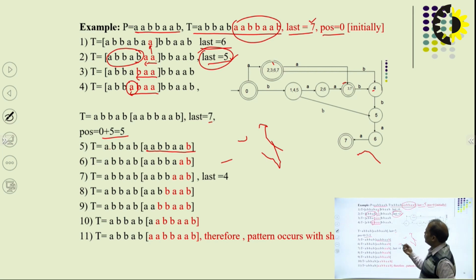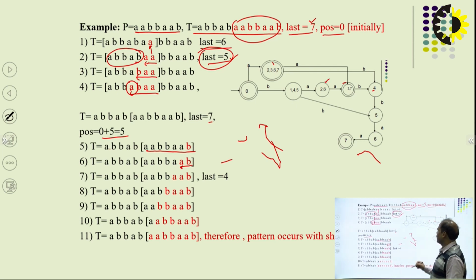Again we have to adopt the same situation starting from B, last one. Yes, B, there is a transition on B, but it is not reaching the final state, no problem. Then again BA, BA is still not reaching the final state.